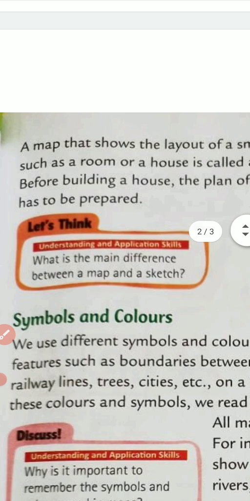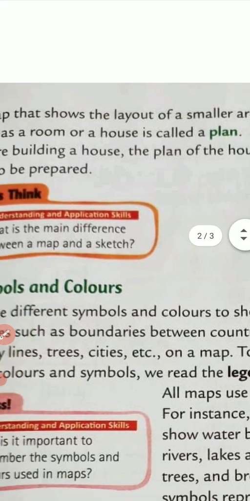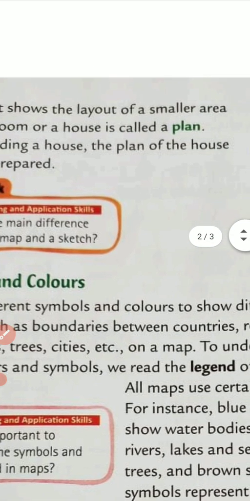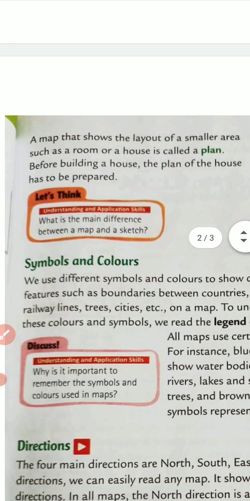A map that shows the layout of a smaller area such as a room or a house is called a plan.